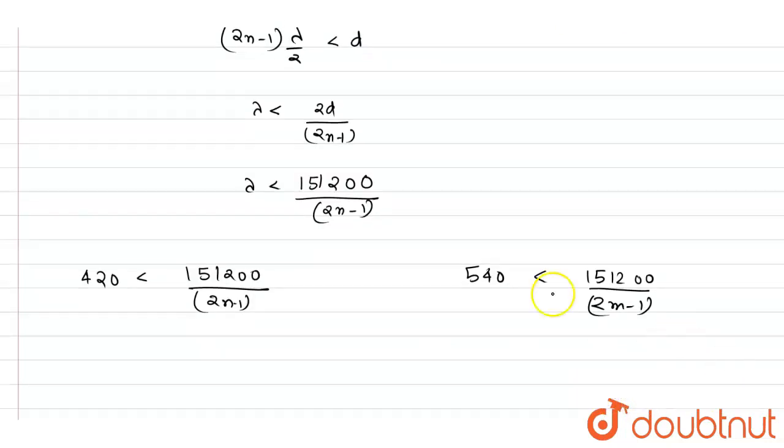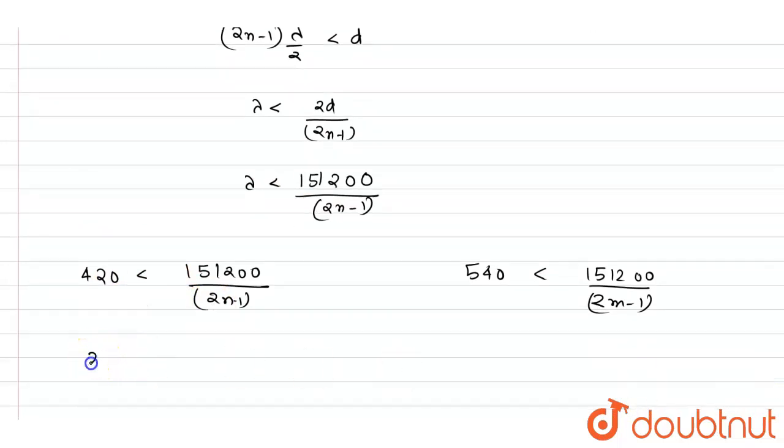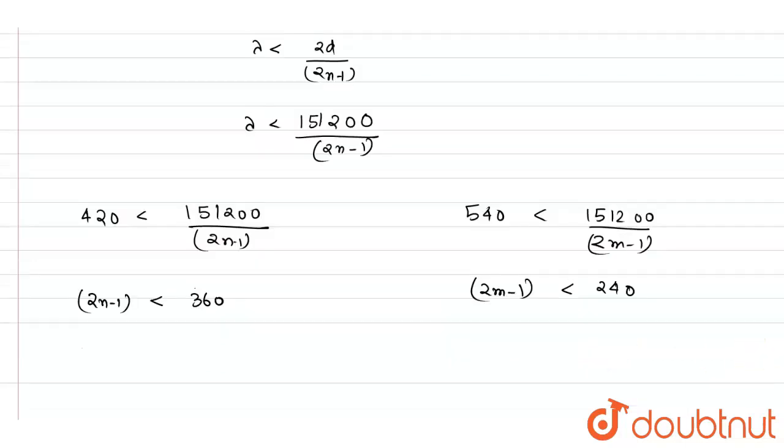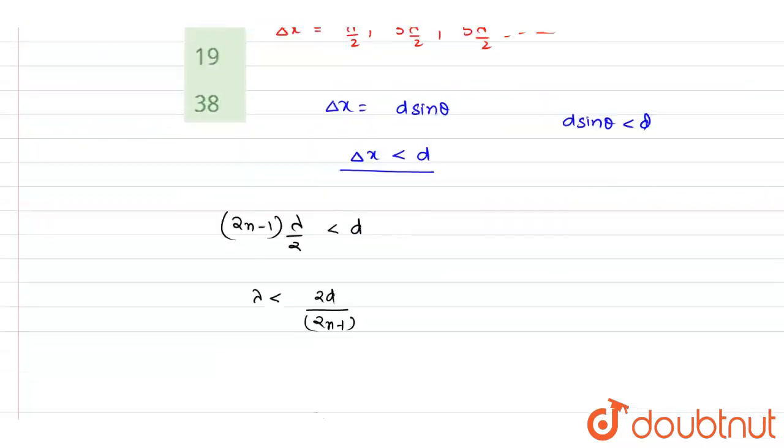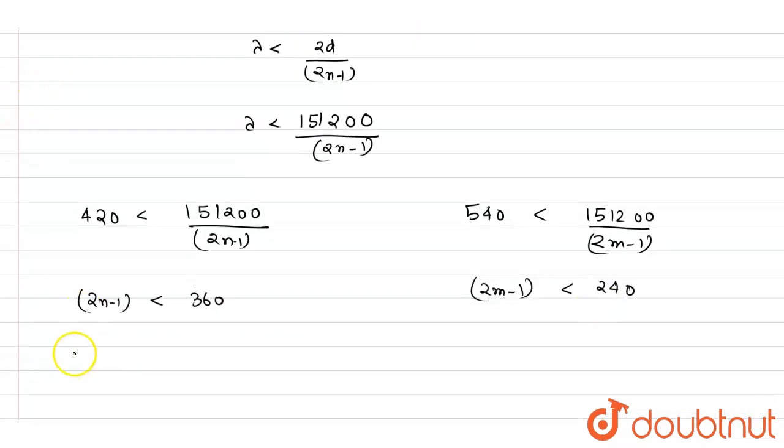Let's get the maximum value of n and m. You will get the value of 2n minus 1 from here. It should be less than 151200 by 420, which is 360, and putting the same here, 151200 by 540, it will be 280. So for the first one, 2n minus 1 will go up to 360.